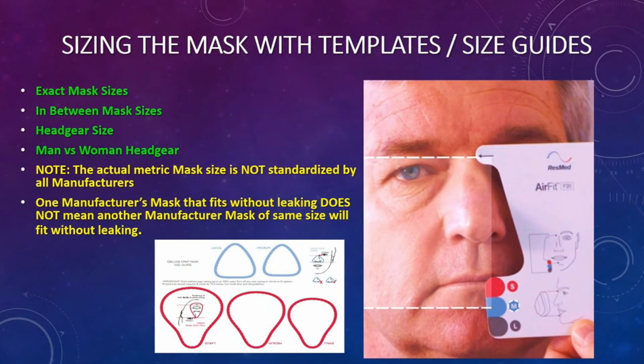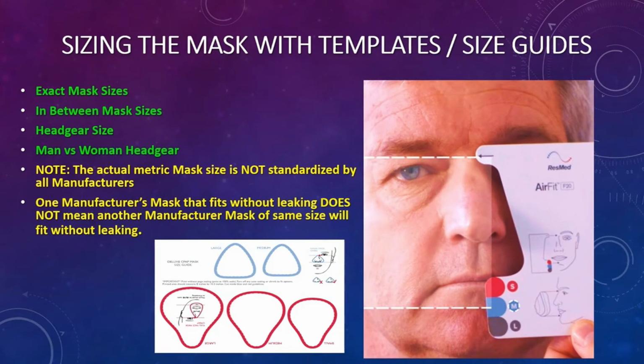After you have selected the type of mask that you want to use with the patient, you're going to use the manufacturer's template or sizing guide to determine the size of the mask that best fits the patient. You're going to place the mask sizing guide on the patient's face, line up the arrows where they're indicated. The sizing guide will indicate the best mask that fits the patient.